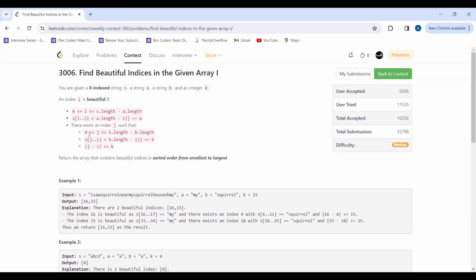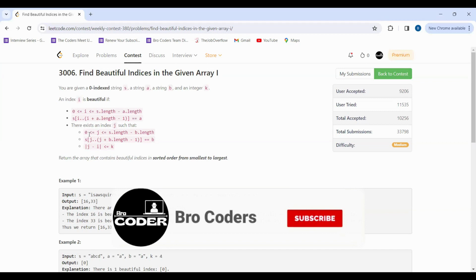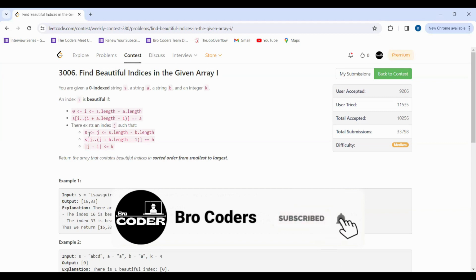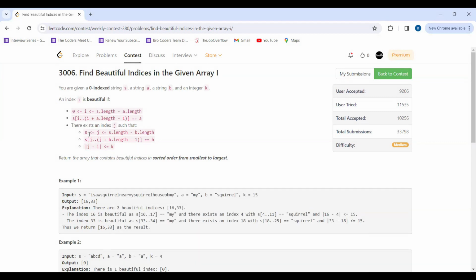So first of all, for any particular index i, we need to find the string A in that particular string S. All of the characters should be occurring one after another, like the whole word should be present in continuation.